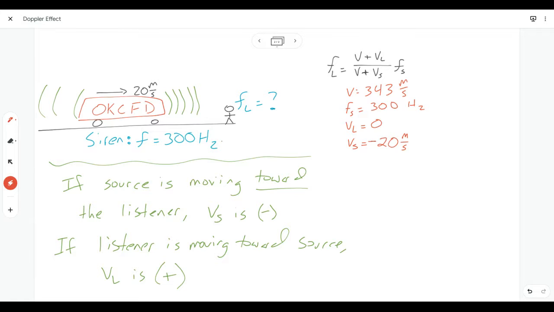Okay, I'm going to flip over to the next screen and work through the numbers with you. And as we said before, we're looking for a higher frequency because we have all these sound waves bunched up and we're in front of the moving vehicle, so we're looking for a frequency higher than 300. Remember that as we work through it.